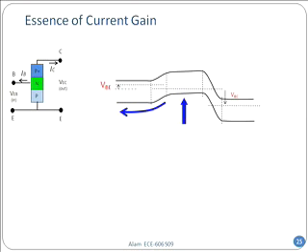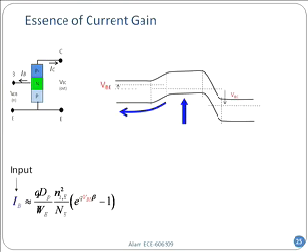This is a common emitter configuration, right? You put in a certain amount of base current, and the base current flows out through the emitter. That's the blue arrows. Now, the way to think about it is, you know the expressions for the base current. You have a bunch of constants, but the main thing is you have e to the power of qVBE over kT, minus 1.